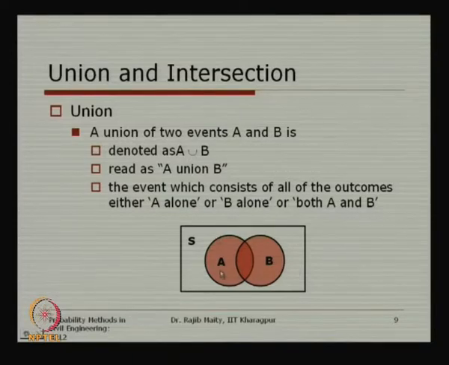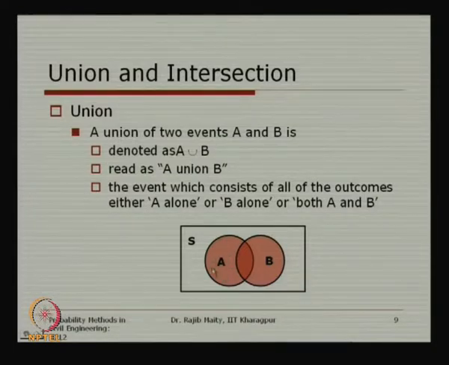Now the union of A and B is denoted as A ∪ B, read as A union B. A union B consists of all the outcomes that are either in A alone, or B alone, or both in A and B. You can see these three regions where I am pointing.